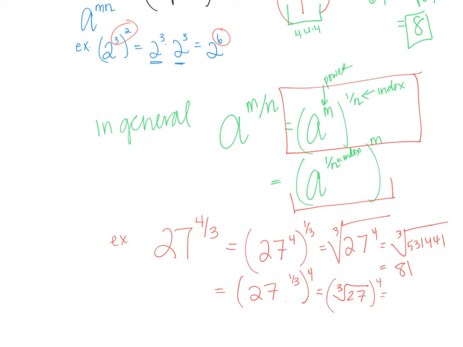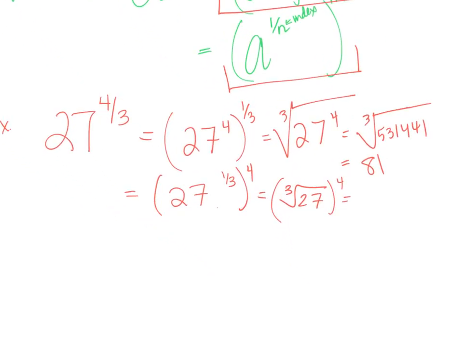So the 3rd root of 27, well, 27 is 9 times 3, and 9 is 3 times 3, so we get to pull a 3 out. So it'll be 3 to the 4th, but 3 to the 4th is 81. That was kind of nicer numbers to deal with than the crazier number up above. But both of them work, and that's because it satisfies all of the exponent rules.